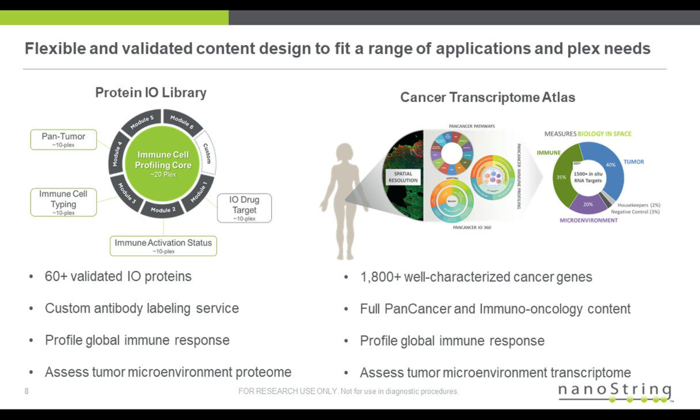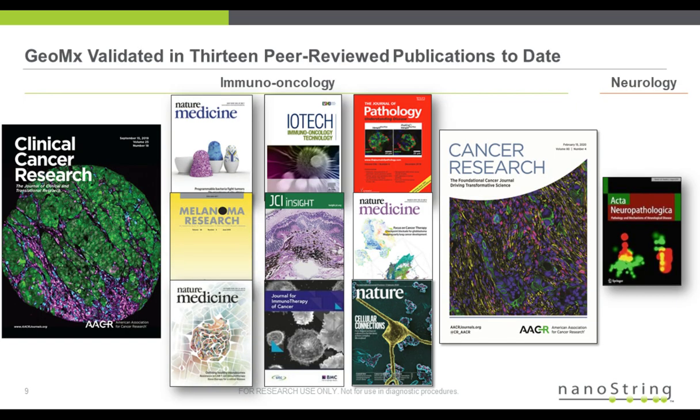So in total, there are more than 1,800 characterized genes that are in this panel, and we can collect molecular data about all of these targets, again, with a single experiment, with a single tissue slide.